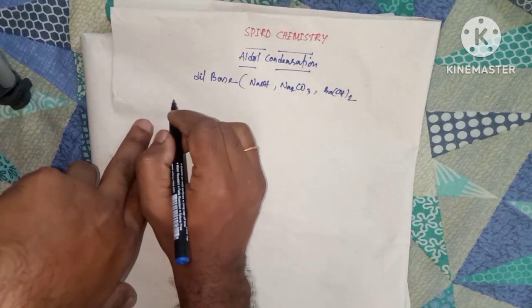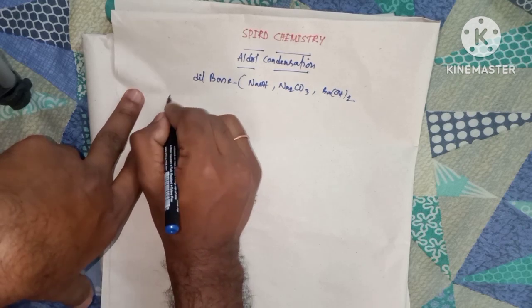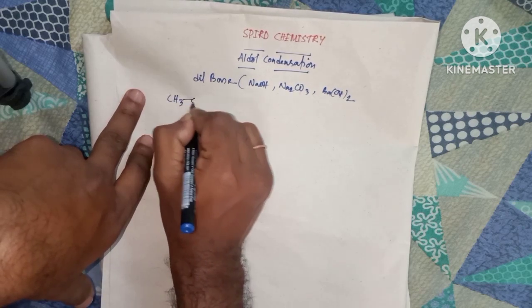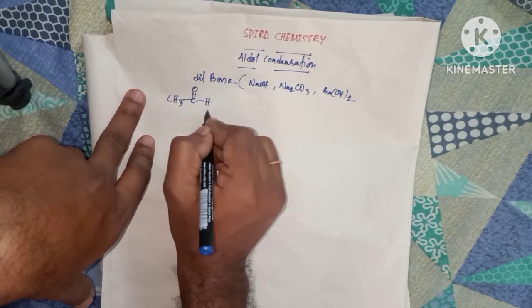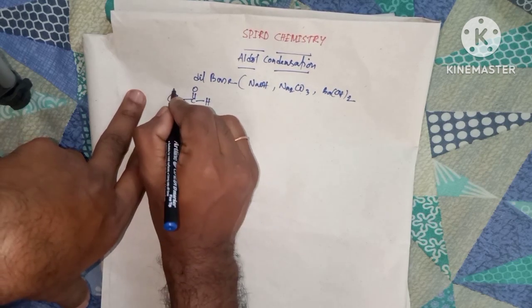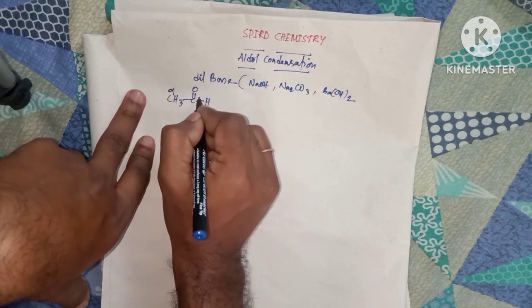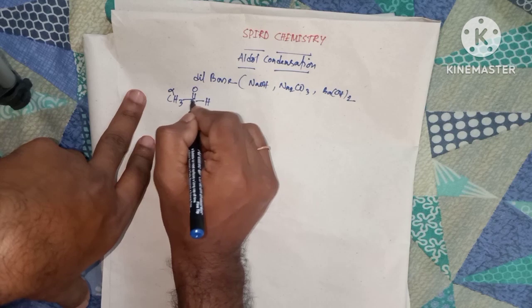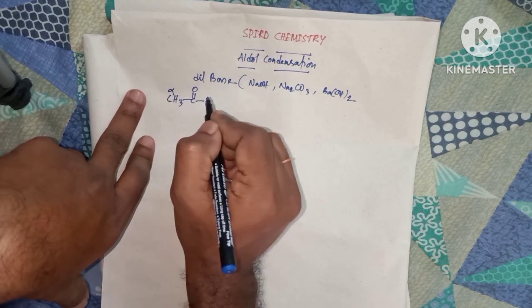Suppose there is an aldehyde group containing alpha hydrogen, suppose CH3CHO. This is the aldehyde group containing alpha hydrogen. The carbon at the side of the aldehyde group, we call it alpha carbon, and its hydrogen is alpha hydrogen.